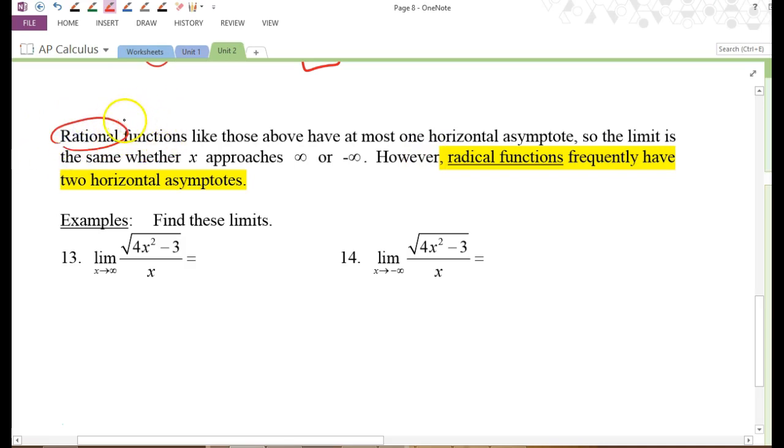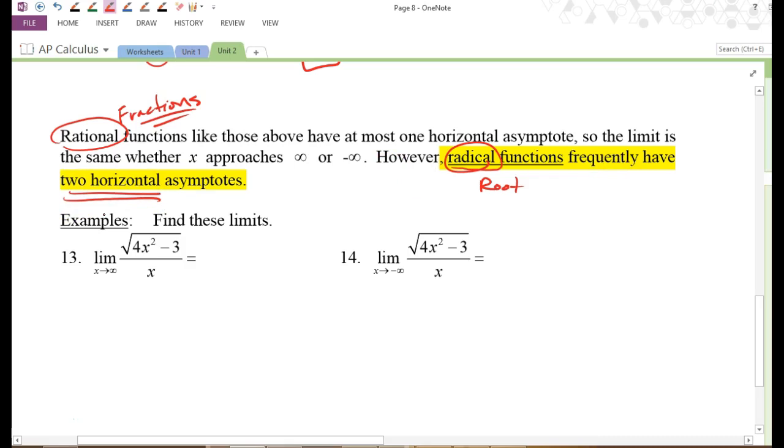What kind of functions are these? Functions that are written as fractions. And a radical means we're talking about some kind of root, either square root, cube root, whatever kind of root. So if we see rational functions that have radicals in them, there are frequently 2 horizontal asymptotes.